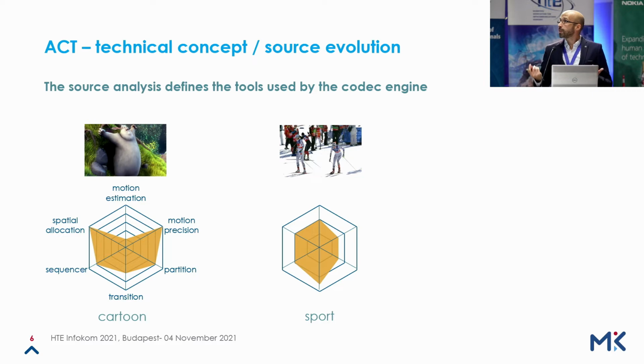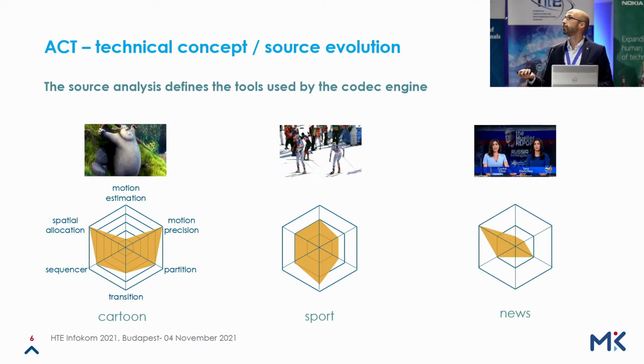But probably the motion precision is not as important because you'll suffer from camera blur, other artifacts, masking and everything. On the other hand, spatial allocation is probably not as important as well because there's masking when everything moves very quickly in the picture. You cannot fixate on particular issues, while in slow-moving content, those become much more obvious.